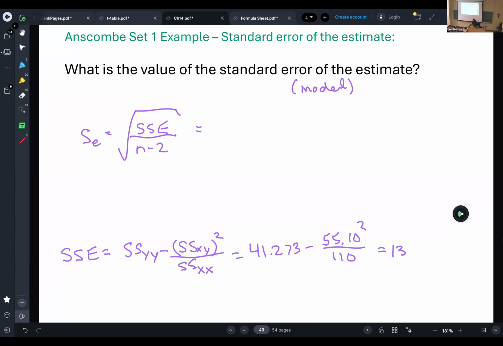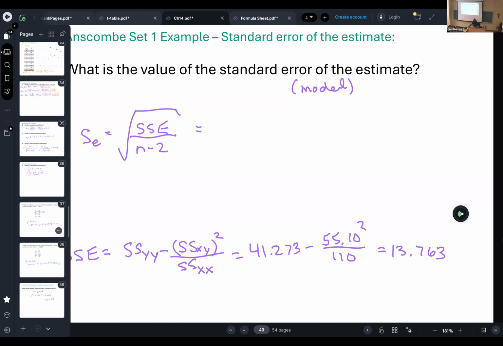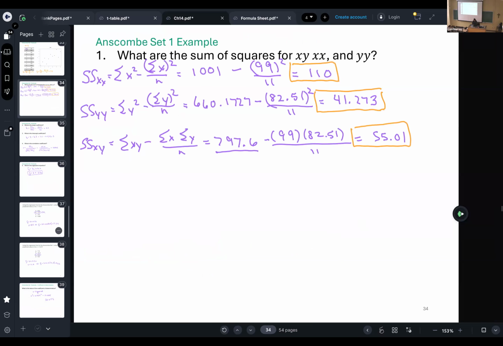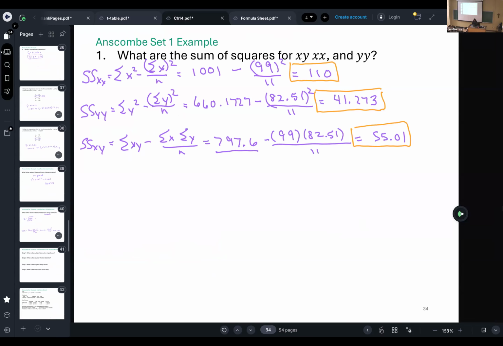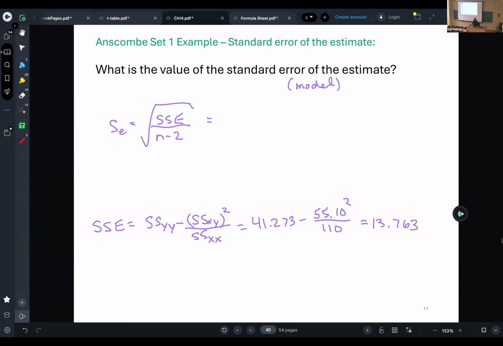So I get 13.763. Want to verify that? That would be 41.273 minus, in brackets, 55.1 squared divided by 110.